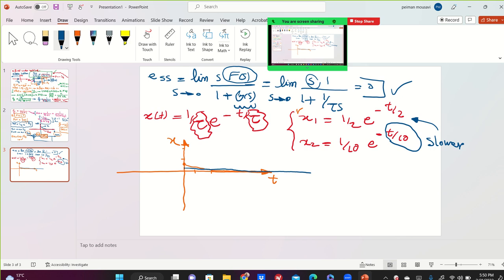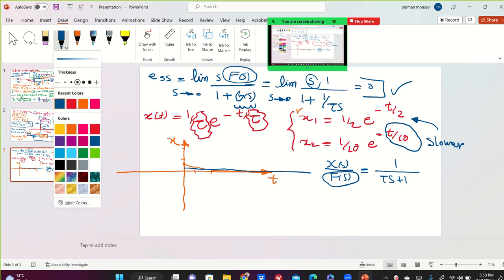Yes, guys? So we can try this in MATLAB before going to the next step. I told you that X(s) over F(s) is 1 over tau s plus 1. What we don't have in MATLAB coding is the impulse.